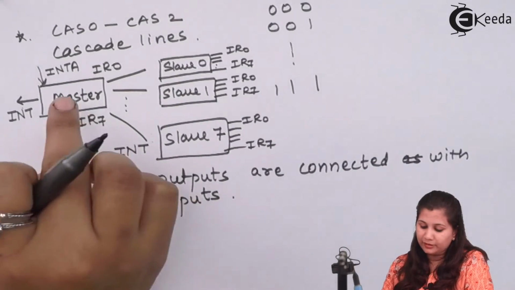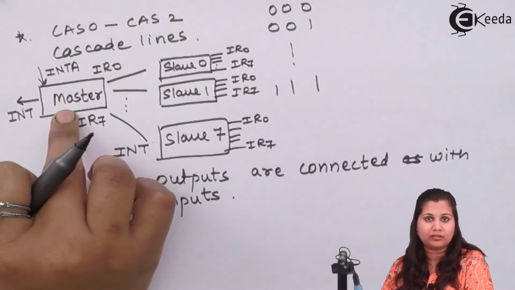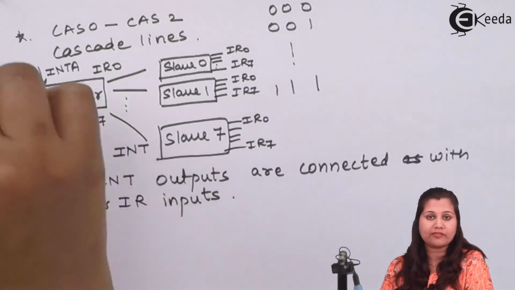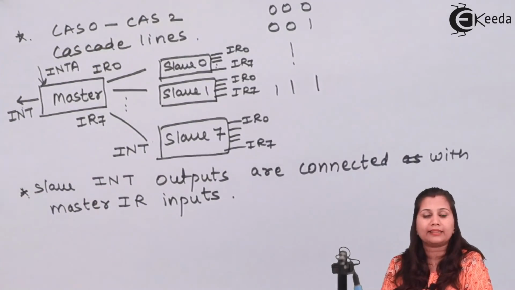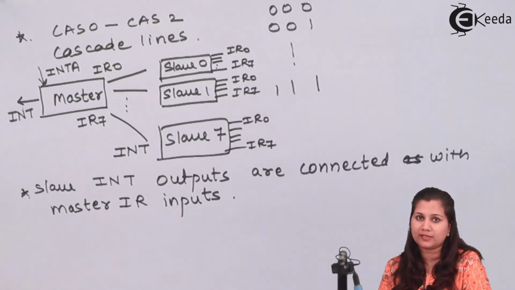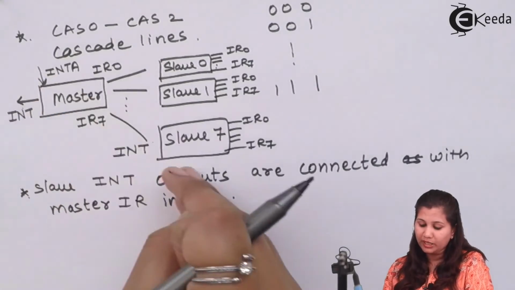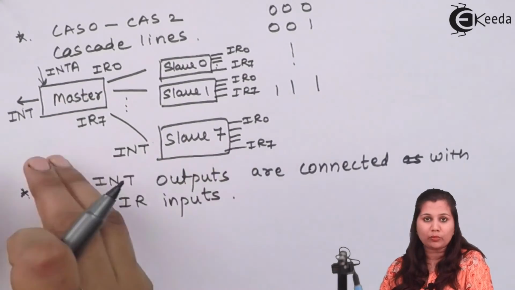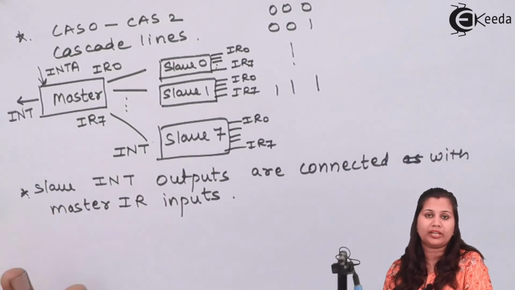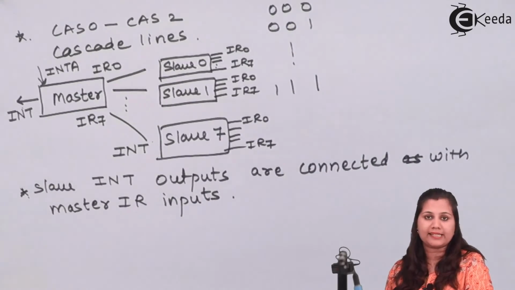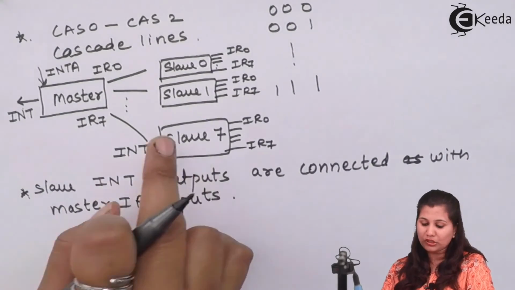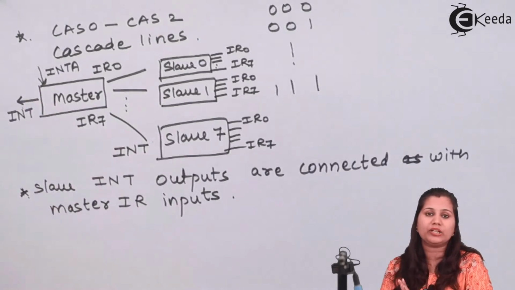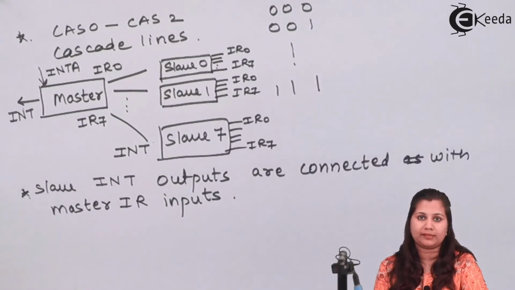Then the master is going to receive the vector address and send it to the microprocessor, and then the microprocessor will execute the service routine. In this way the interrupt requests in the cascade mode are accessed by the microprocessor. The slave will first send the request to the master, and then the master is going to interrupt the microprocessor.